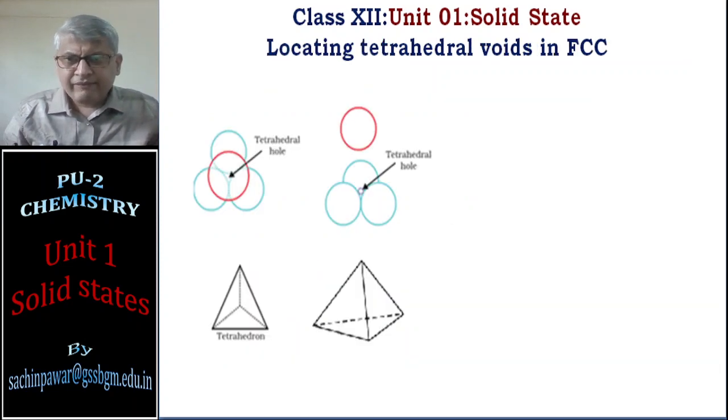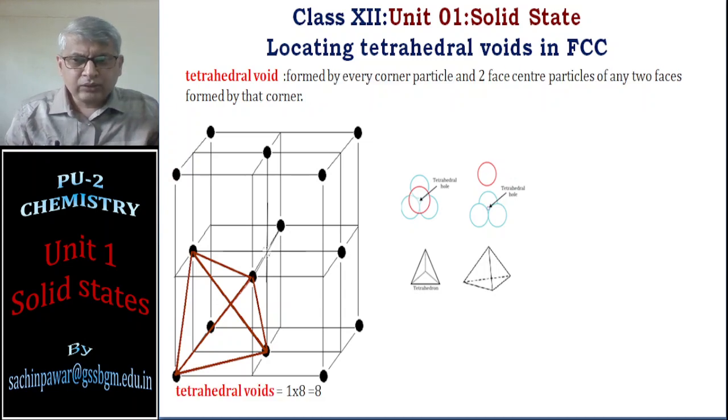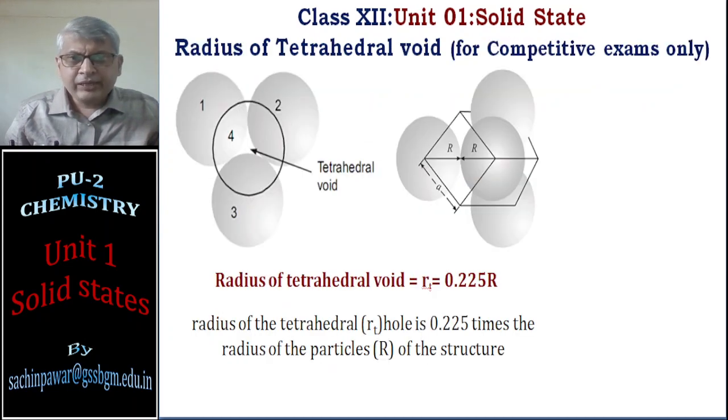So here we have located the tetrahedral and octahedral voids. Now we'll go on to the next part, problems on tetrahedral and octahedral voids used to determine the structure of the crystal. Before I go further, I would like to conclude. For a competitive exam, you require two more things. Tetrahedral void appears like this.